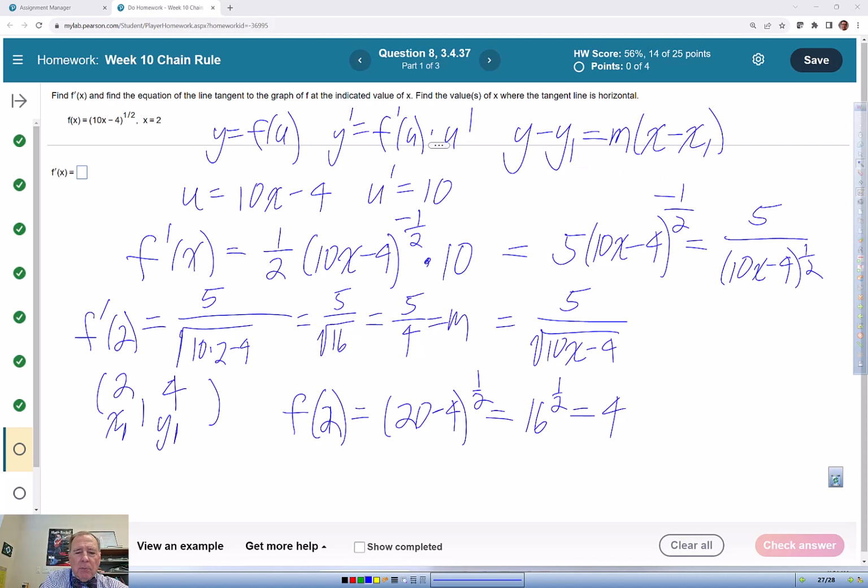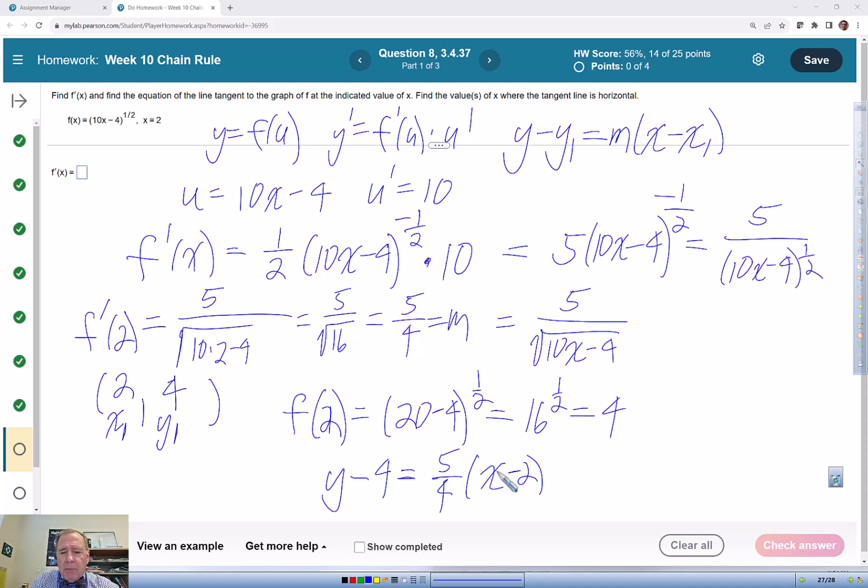Using the point slope form, I get y minus 4 equals 5/4 times (x minus 2). Now, I would take that as a perfectly good answer, but the book wants y by itself.